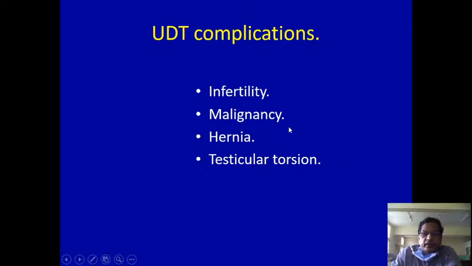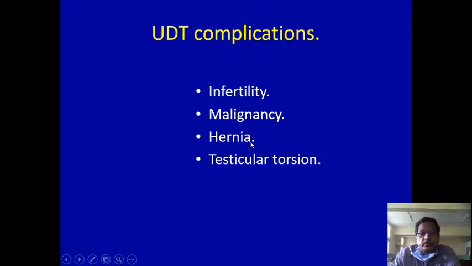But in some people it persists, and especially in undescended testis patients, it persists in up to 90% of people. So, persistence of processus vaginalis predisposes to hernia formation. You will know about these when we discuss hernias also.